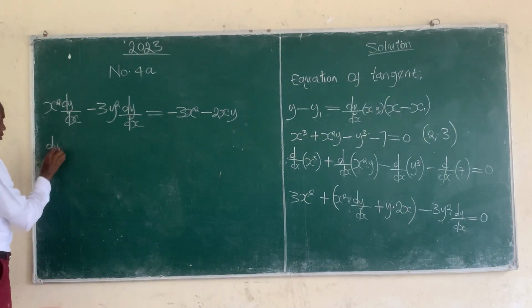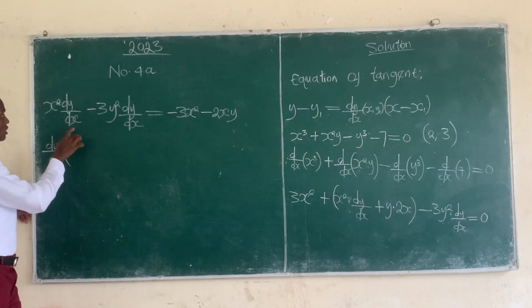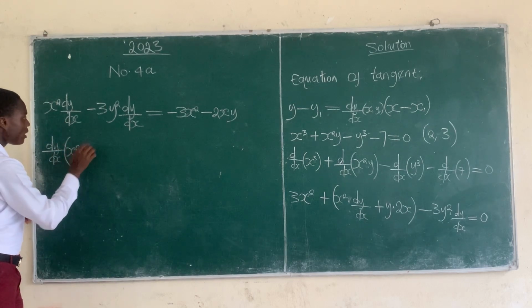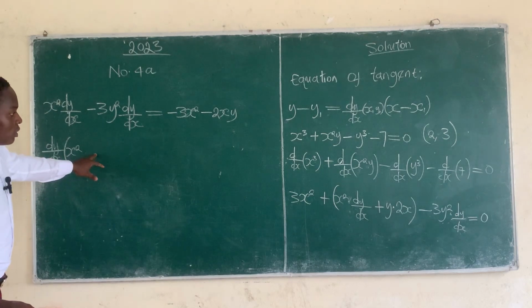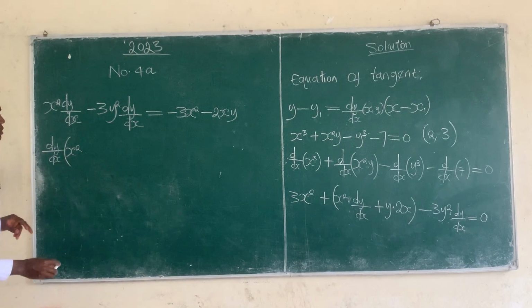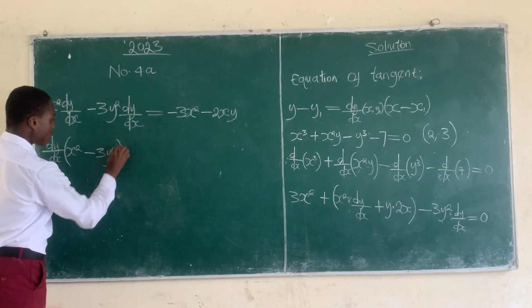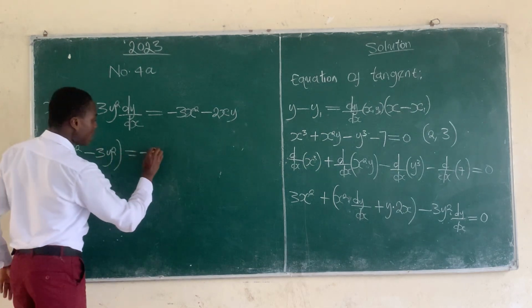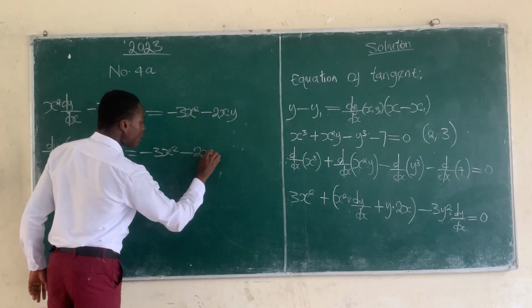Factoring out dy dx, we have dy dx into x squared minus 3y squared, and this is equal to minus 3x squared minus 2xy.